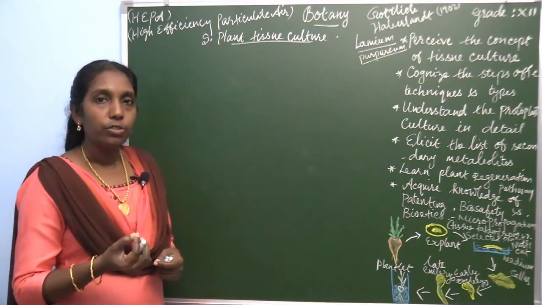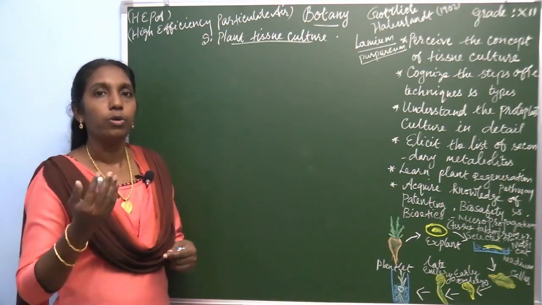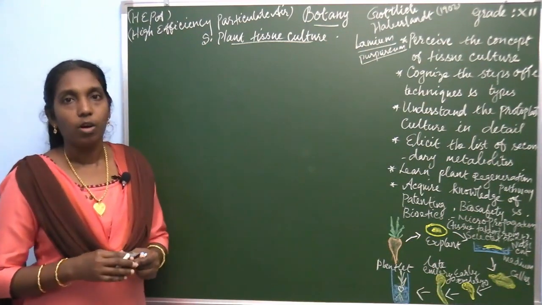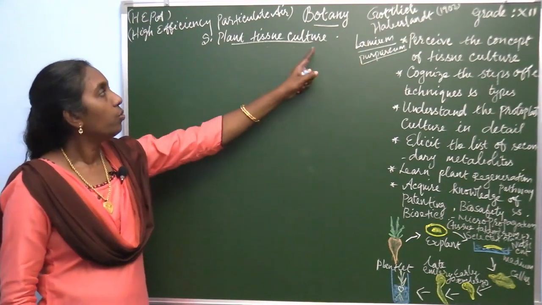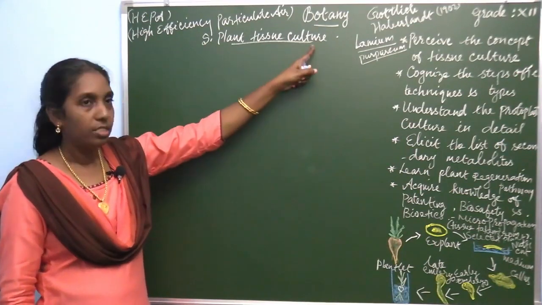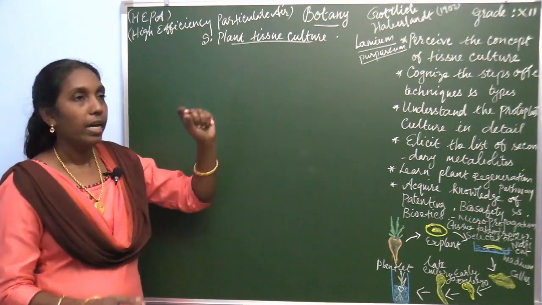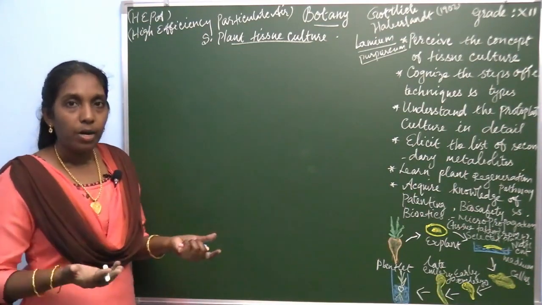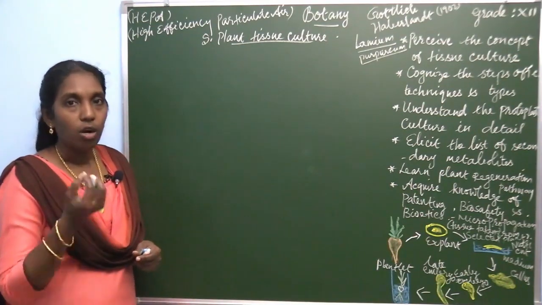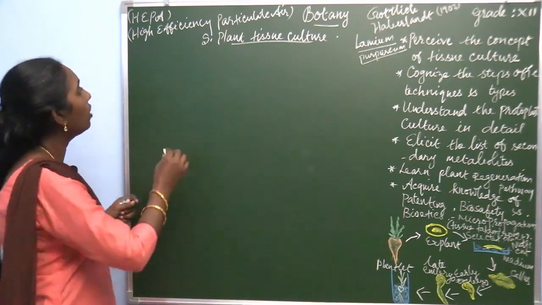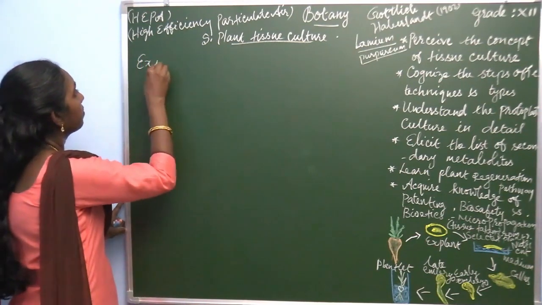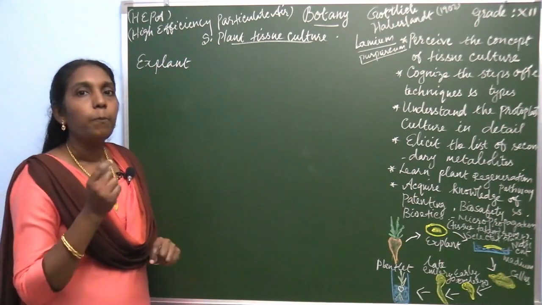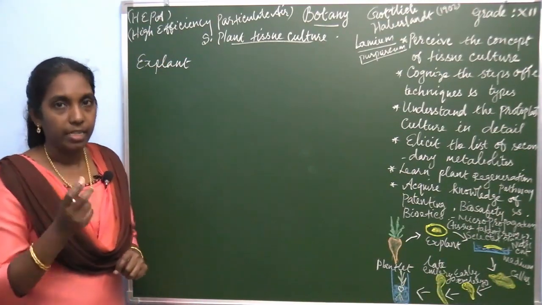A single tissue has the ability to produce the entire plant because of the totipotent nature of the cell. Here in plant tissue culture, from the plant there are a number of different parts, a tissue or a single cell, that's called explant. Explant is the part of the plant.